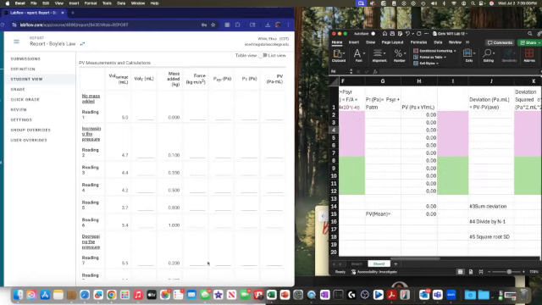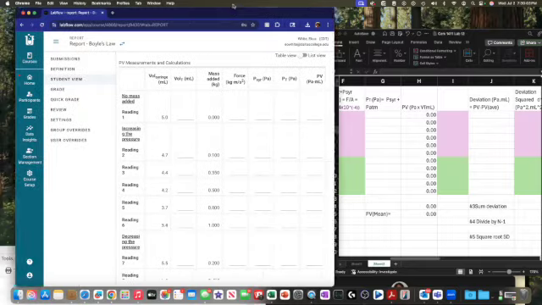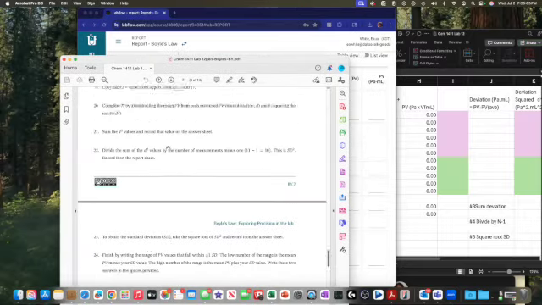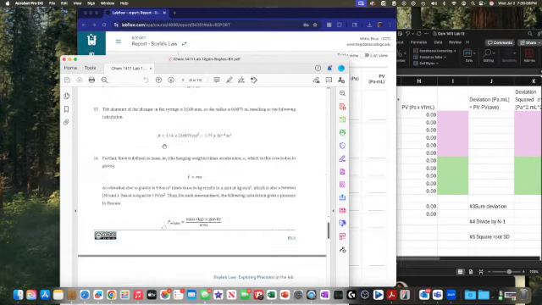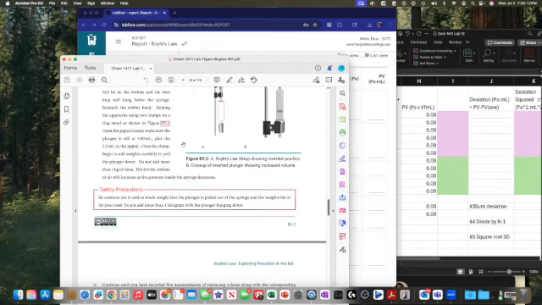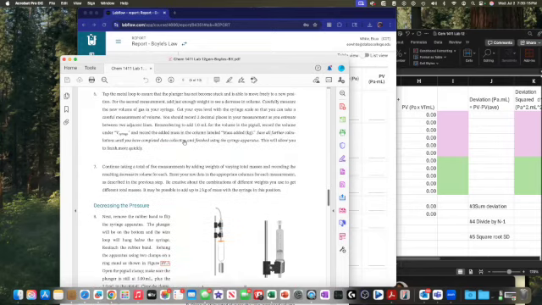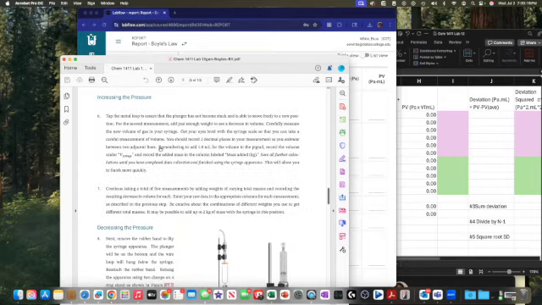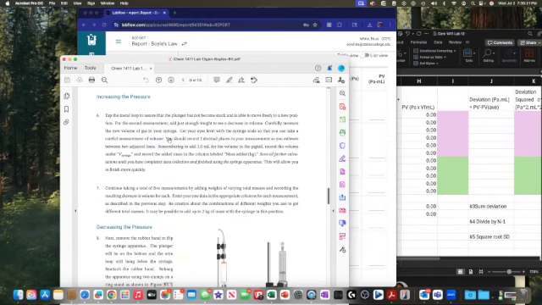So back to this. I think somewhere here in our lab, where is the lab? Let me find it. It mentions something about the pigtail having 1 milliliter. I just want to make sure that I show it to you because I read this earlier. Oh, right there. When you're recording the volume, it says here, remembering to add 1 milliliter for the volume in the pigtail.